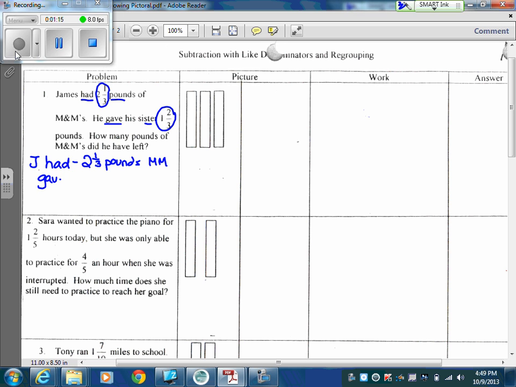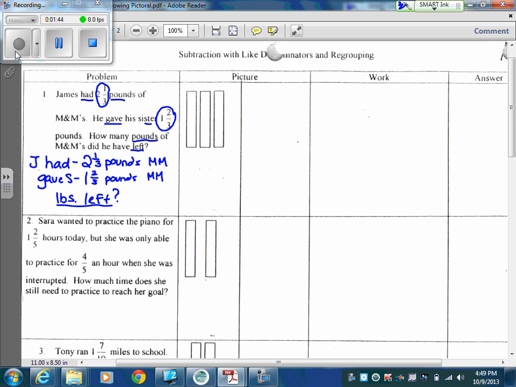So gave sister 1 2/3 pounds of the M&Ms. How many pounds of M&Ms did he have left? Well, what I'm looking for is pounds left. That is my question I have to answer.